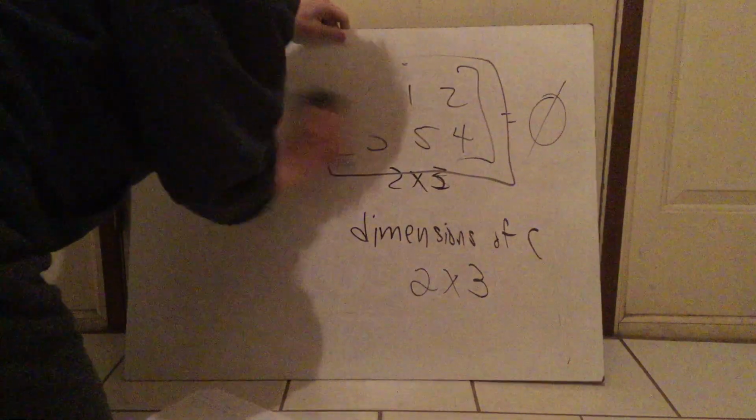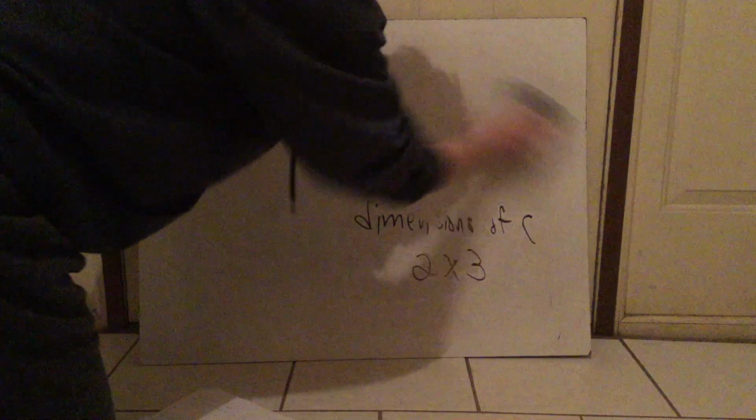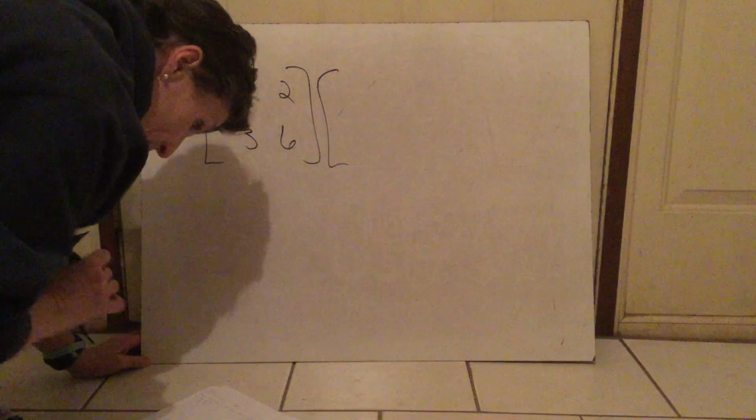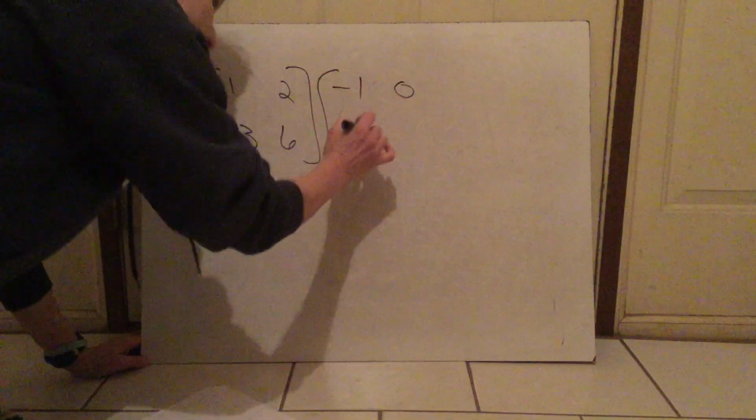All right, now we're going to do a multiplication problem. So now we're going to multiply A times B. So we're going to multiply matrix A, 1, 2, 3, 6, times matrix B, negative 1, 0, 5, 4.